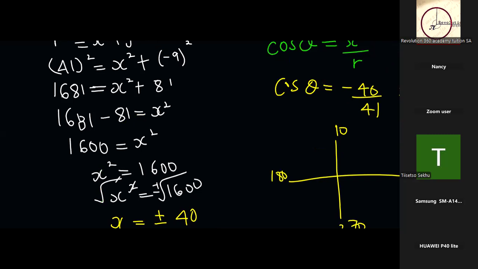So negative 9 is somewhere there. x is negative 40, somewhere there. When you draw that Cartesian plane, it must be like this. So here you'll say x is equal to negative 40. r is your hypotenuse side, which is always positive. r is equal to 41. y is equal to, was it negative 9? Then here you write it.